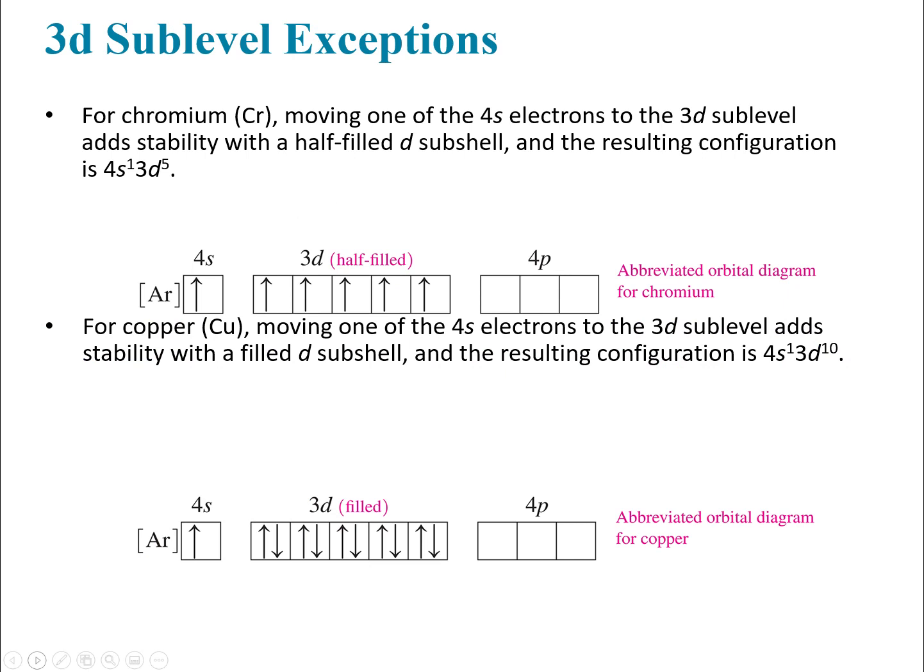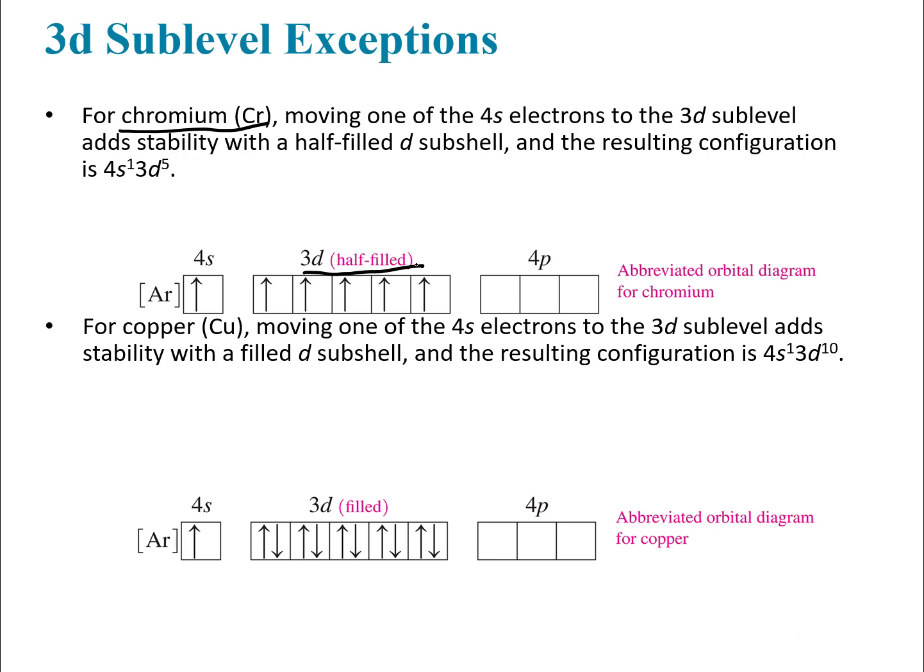As with everything, there are some exceptions. There are times when electrons will move to the 3D versus the 4s, even though the 4s is not full. And that's simply because of stability. So chromium will move one of its 4s electrons to the 3D so that the 3D can be half filled.